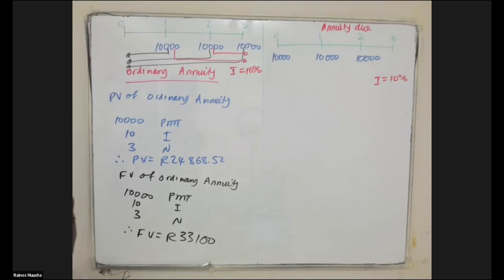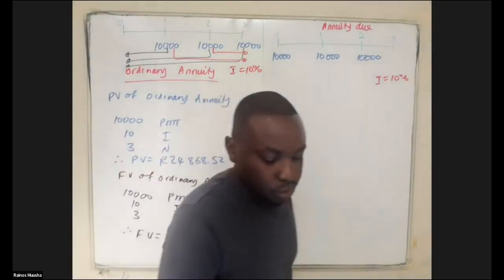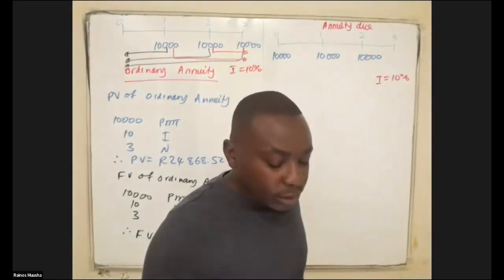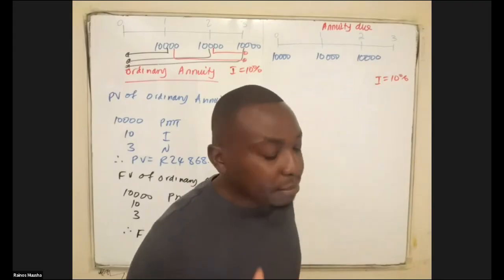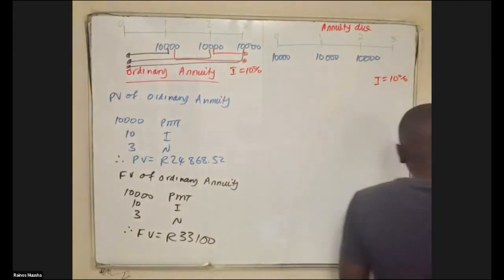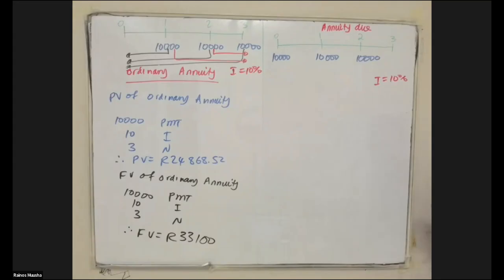So can you move on to dealing with the annuity due? With an annuity due, you are telling your calculator that the payments are being made in advance. So it's the same annuity payments, but these payments are being made in advance.